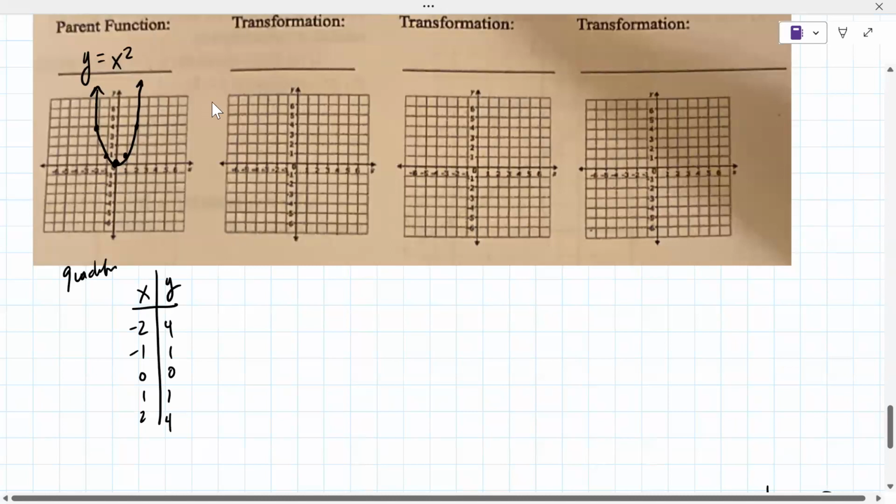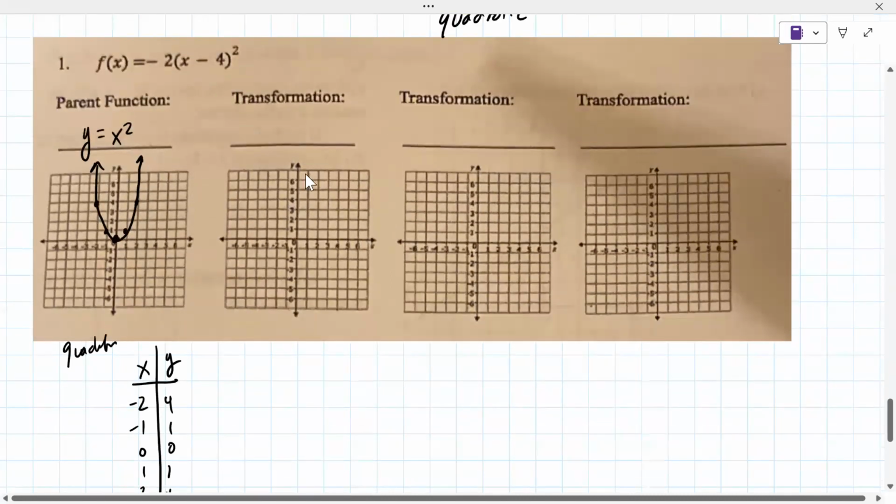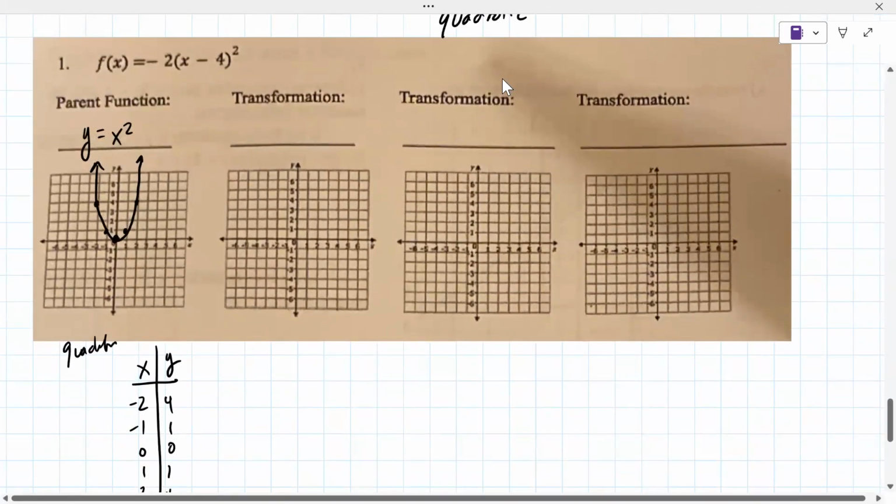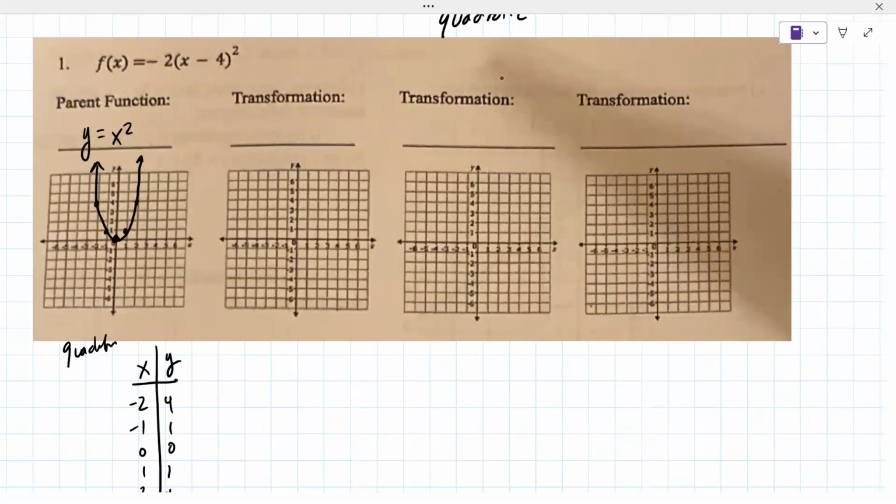And then the transformation. There's 3 transformations in this that we can get to. I guess the first one would be moves to the right by 4 units. You can eyeball it, or you can make a table.